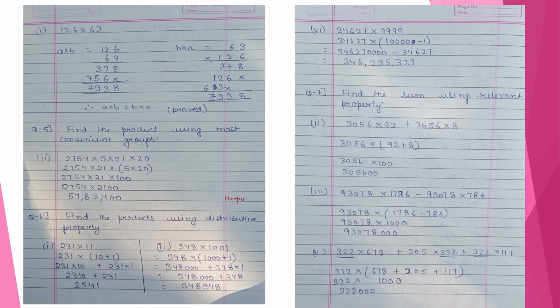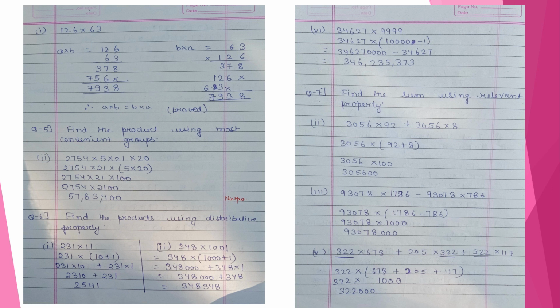Now fifth part is 322 into 678 plus 205 into 322 plus 322 into 117. Here we have three parts for addition, three terms for addition. All the three terms are having 322.